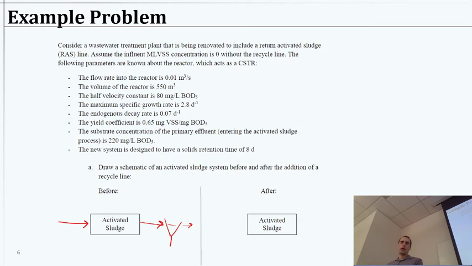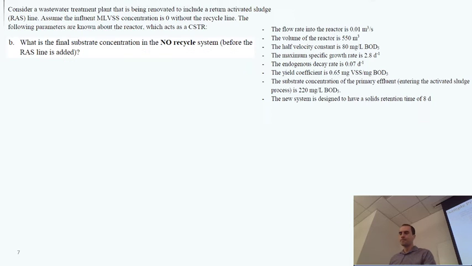So kind of the pond example, maybe we don't even have the clarifier, but either way, that's the setup. After would be having the clarifier and taking, of course, that recycle line and doing that. Okay, so that's just making sure you're drawing a system.